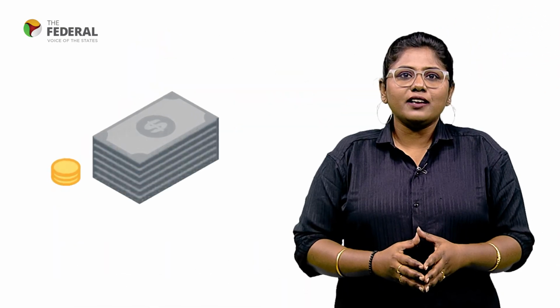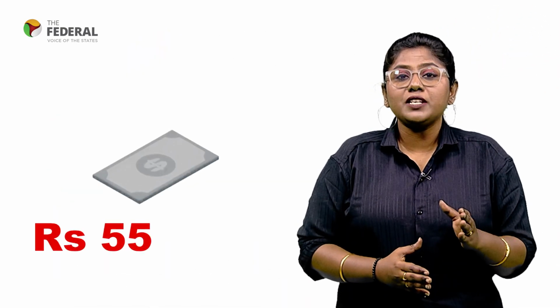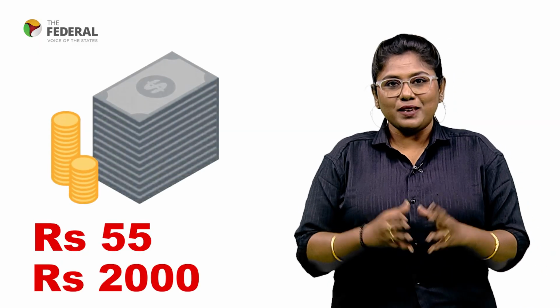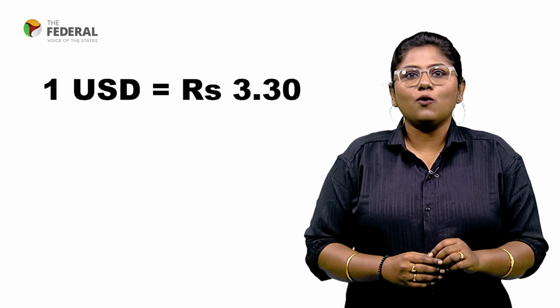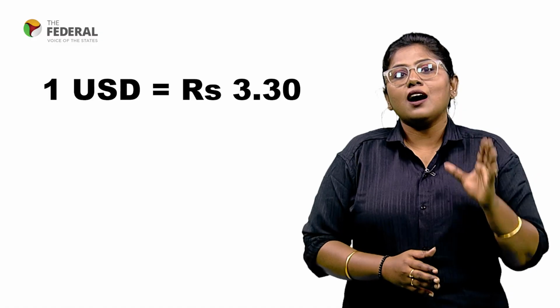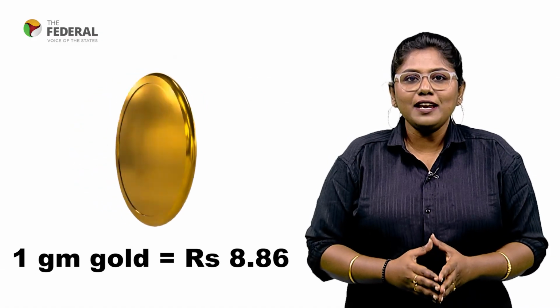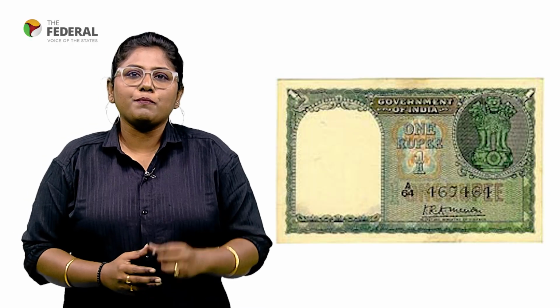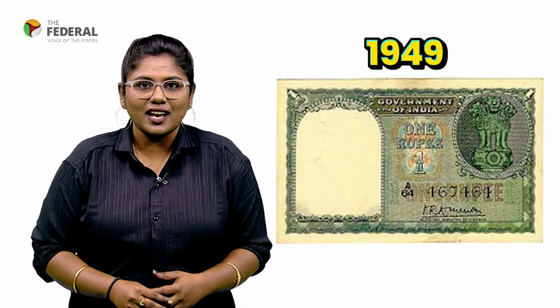The lowest salary of a government employee was 55 rupees per month and the highest was 2,000 rupees a month. According to reports at that time, $1 was equal to 3.30 Indian rupees and a gram of gold cost 8.86 rupees. The Government of India unveiled the freshly designed 1 rupee note in 1949.